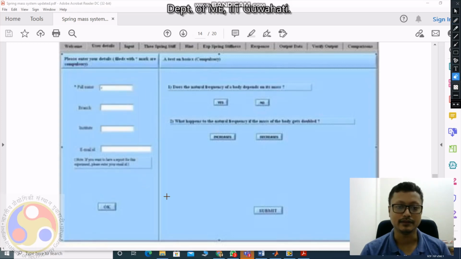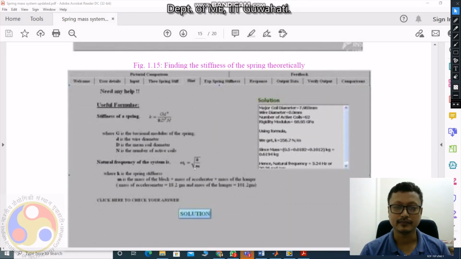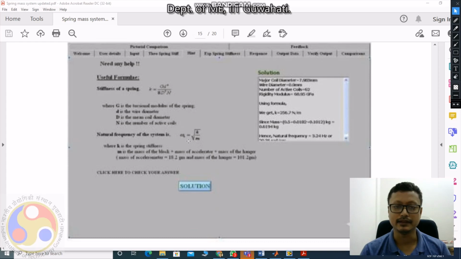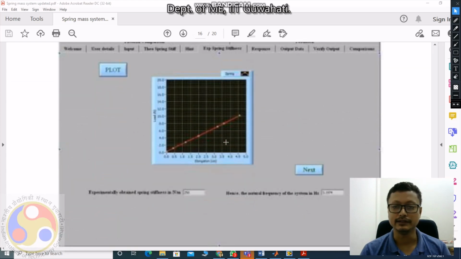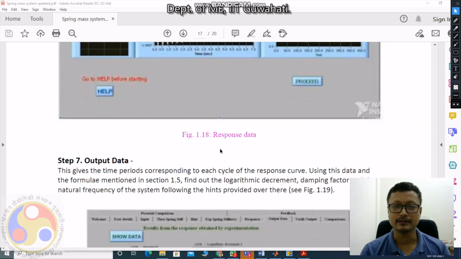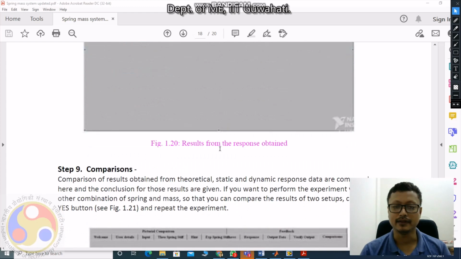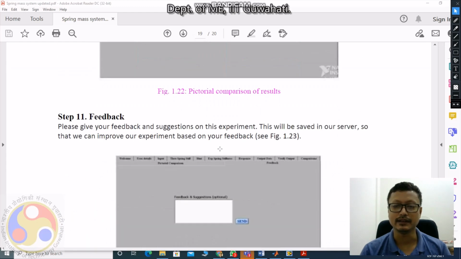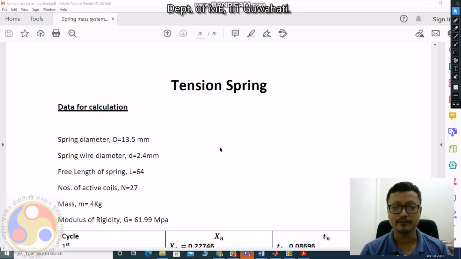Then, putting in all those values, you can get the stiffness and everything from the simulation file, along with the graph. You can get the frequency output and verify all those things in the simulation file.